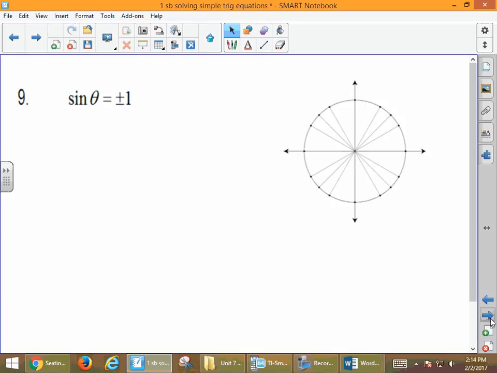So the first question is what value of theta has a value of 1 on the unit circle? It's pi over 2. Then what value of theta has a value of -1 in the sine function? 3 pi over 2.